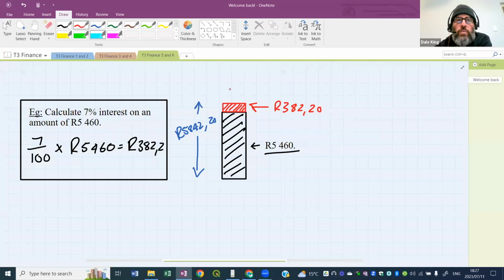I've worked out an interest portion, 7% of that, which works out to be 382 Rand 20. So what is the whole total now together of these two? You add them up and you get 5,842 Rand 20. So these two values must be added together. It's this black portion of the bar plus the little red portion on top to give me the total value of the bar. So you added the interest onto the principal amount.